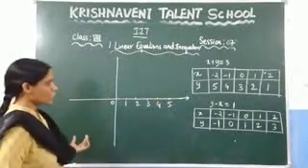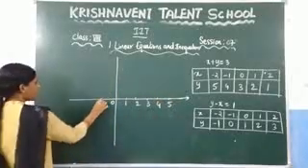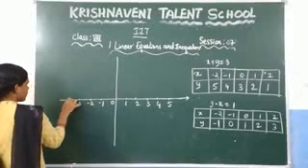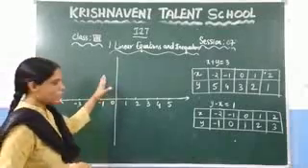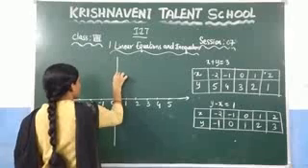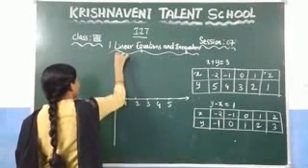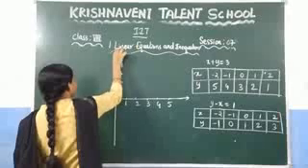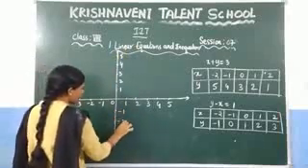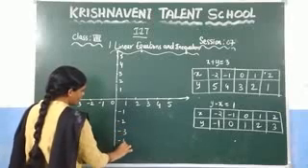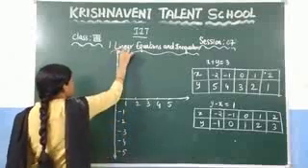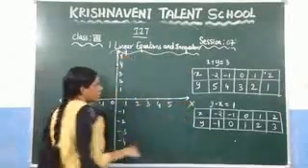And to the left side you will have the negative numbers, so mark here -1, -2, -3, like that. Now above you will get the positive numbers 1, 2, 3, 4, 5. And below the negative numbers -1, -2, -3, -4. This is the y-axis and this is the x-axis.